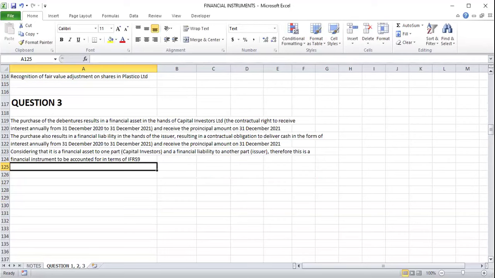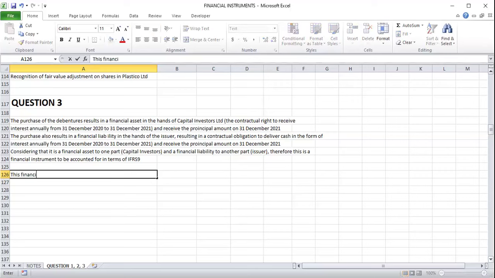Right. Then the second thing, now we know that it's a financial instrument. This financial instrument is a financial asset in the books of Capital Investors. I don't have to mention why again, because I've already mentioned that above.